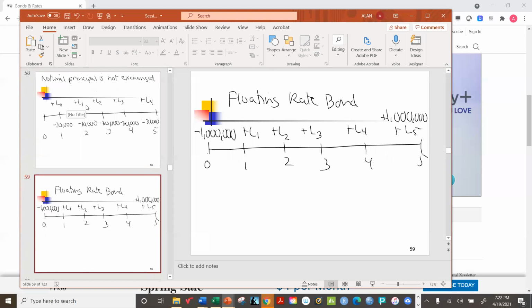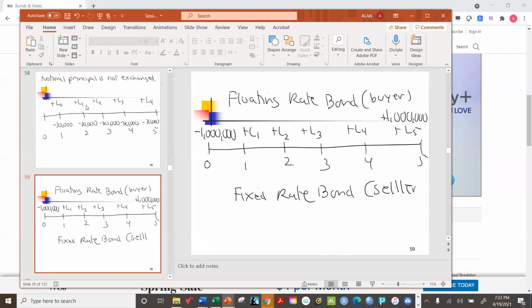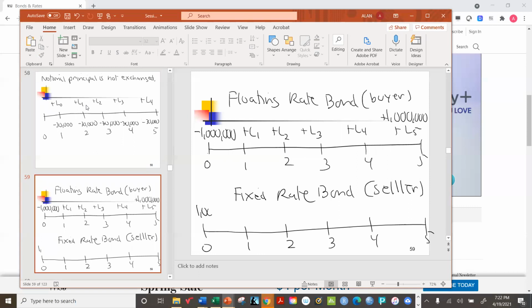Okay, down here I have the fixed rate bond where I am the seller. So here I'll put in parentheses the buyer, and down here I'll put the fixed rate bond, I am the seller, which means I collect $1 million initially, and then I pay 30,000.